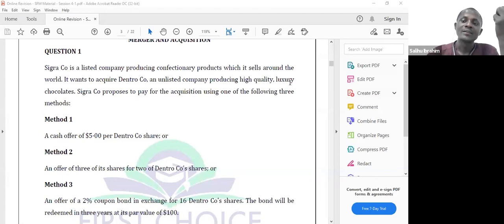If, however, the market price before acquisition is higher than the market price after acquisition, then the acquisition will reduce the wealth of shareholders. It means the acquisition is not beneficial to the shareholders. That is just a brief of how to go about your business valuation.